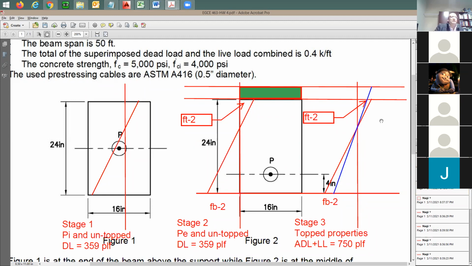What should I do with these values? Should I just look for the maximum and just use it, or what should I do? I'm going to say no. These new values can be additive to the existing values, right? So this can be the existing values. If top for the second stage, if bottom for the second stage, I need to take them and then add the new values to them.